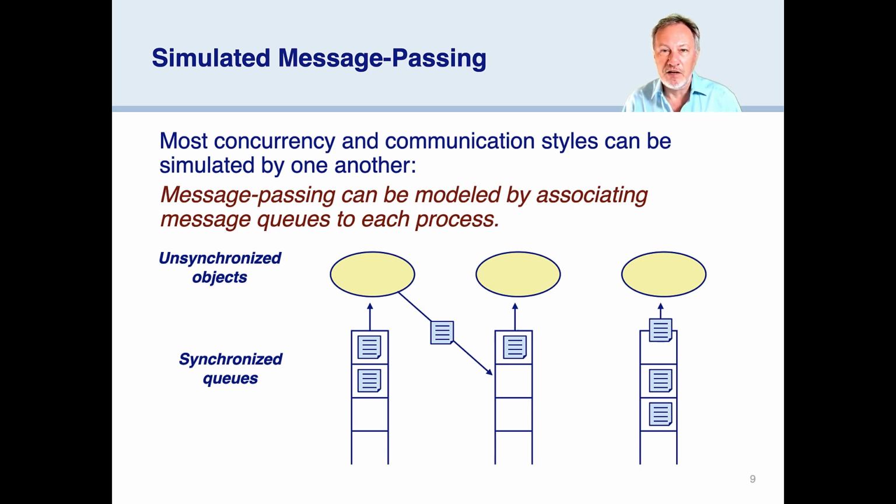So a critical section is needed anytime one accesses a queue, whether one adds something to it or is reading something from the queue. So that means that message passing can be translated into shared resources. It's also possible in another way to simulate shared resources by message passing. For example, by taking a process and having it model the behavior of a shared resource.